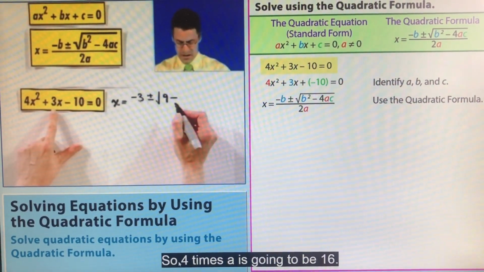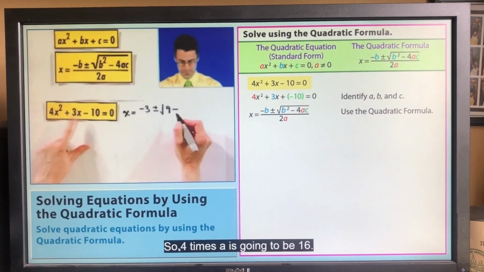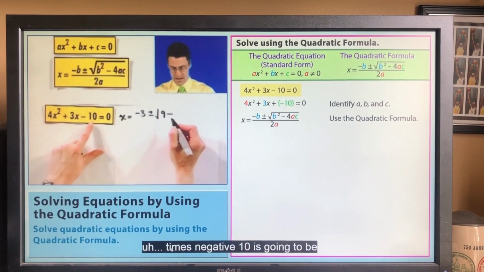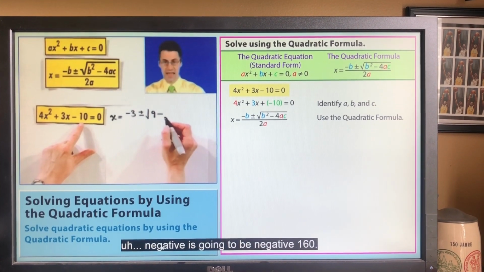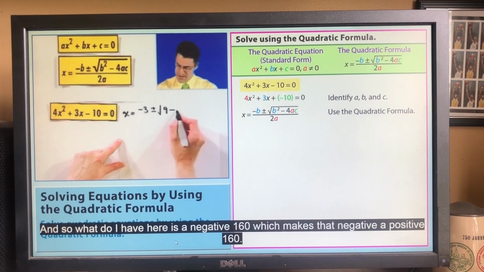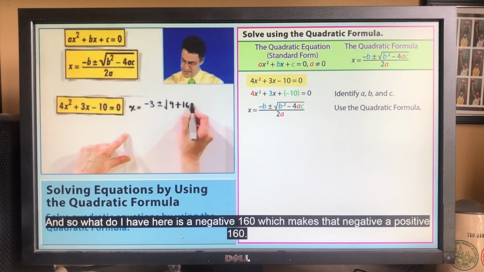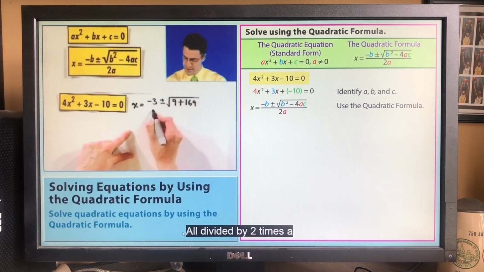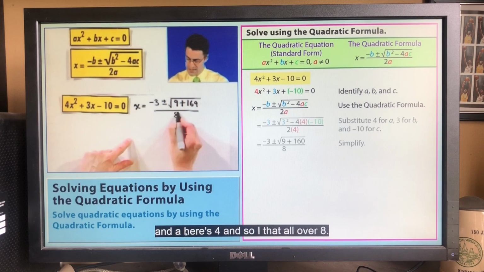So 4 times a is going to be 16, times -10 is going to be -160. And so what I have here is a -160, which makes that negative a positive 160. All divided by 2 times a. A here is 4, and so I have that all over 8.